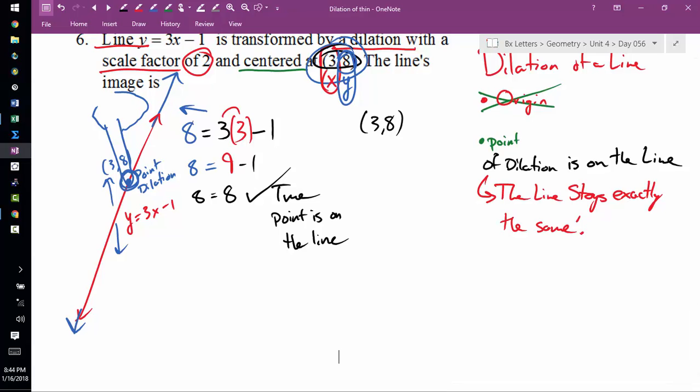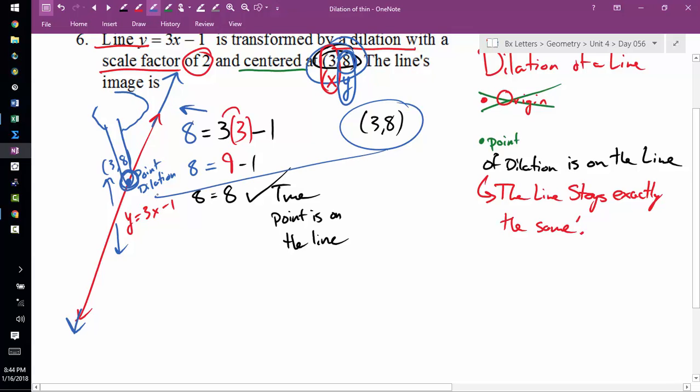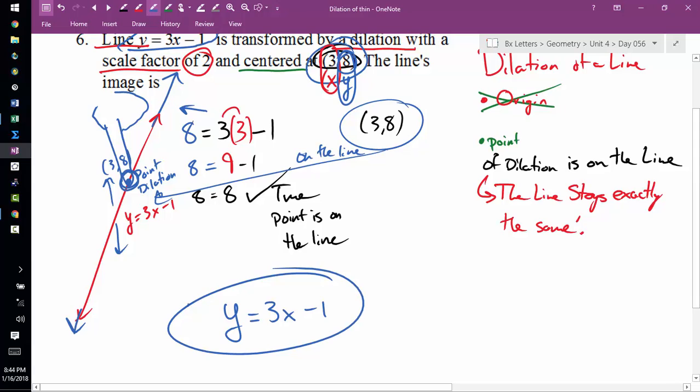That line is going to stay put because that point is pinning it down. So your answer, once you verify that the point of dilation is literally on the line, your answer is the equation of that line. It's the same line. So your answer is literally y equals 3x minus 1. Exactly what they told us from the start.